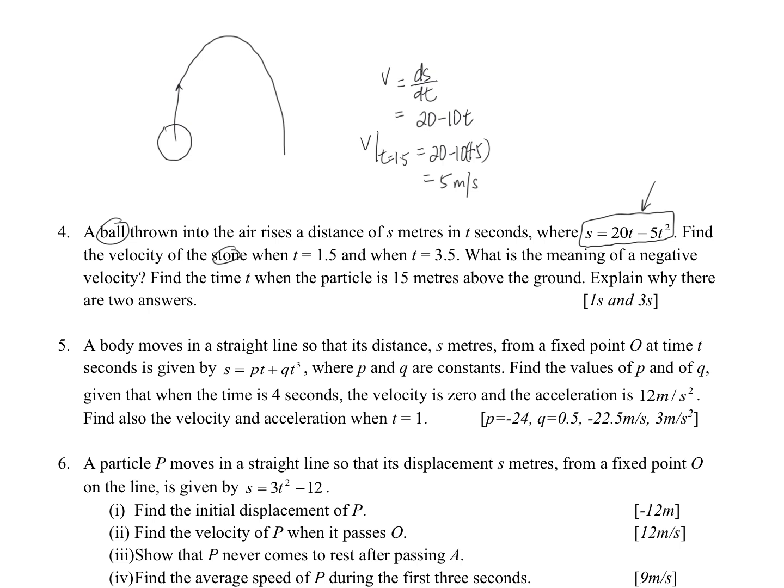Then the other one, they say find the velocity when time is 3.5. So you get minus 15 meters per second. So they ask you, what is the meaning of a negative velocity? Yes, your particle is moving downward.